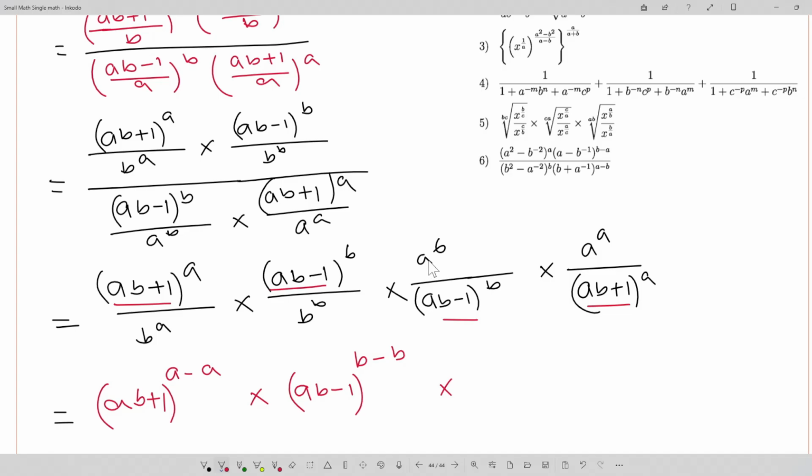and in the denominator we have, like, we can see here is a to the power b and here is a to the power a.